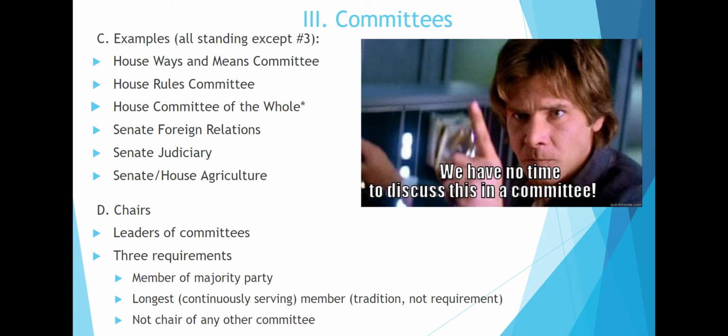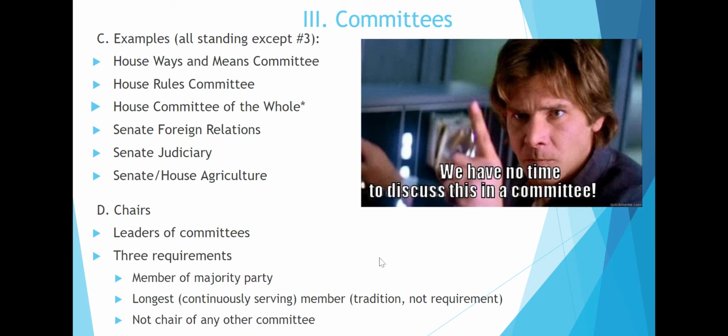In the House, the Speaker, or in the Senate Majority Leader might use committee chairs to reward their political allies and punish their political opponents. So this is more of a tradition. You might expect, if you're the longest serving member, that you get to be the committee chair, but it's no longer a requirement. Now, if you're in the House, you want to be close to the Speaker and get along with them if you want to be chair of a sweet committee.